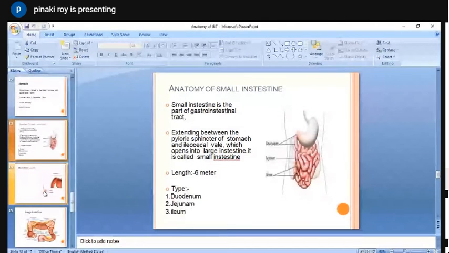And the whole of this mucosa is lined by columnar epithelium, containing villi, and the villi help in absorption of food material. If there is any disease causing damage to the villi, ultimately it will lead to villus atrophy.